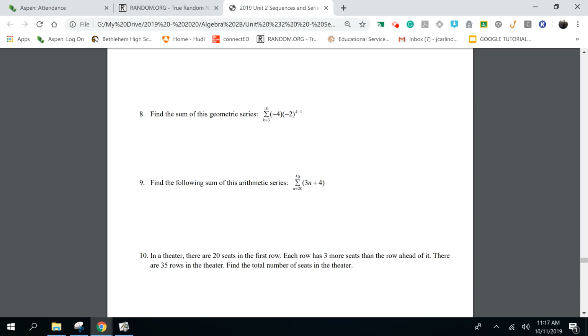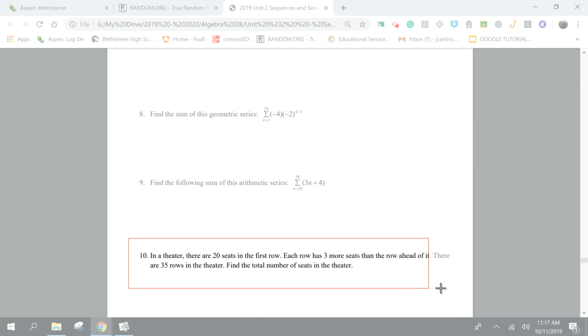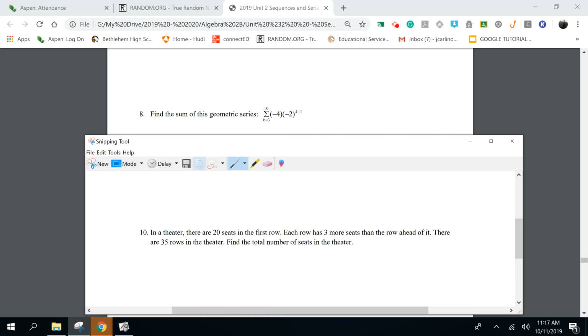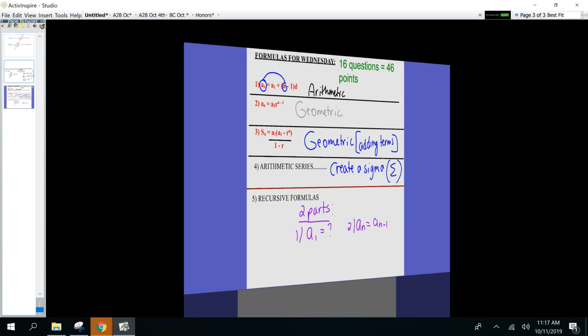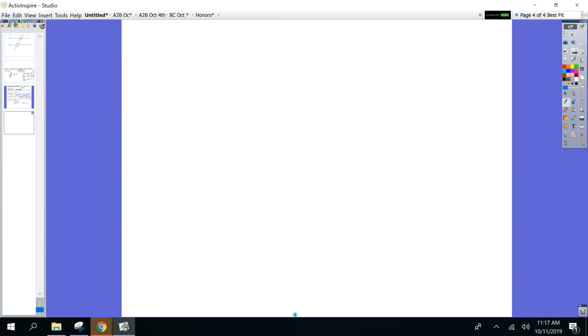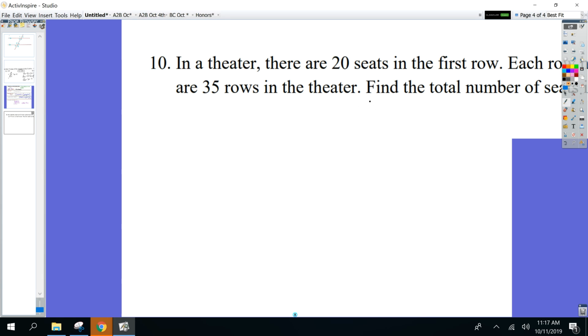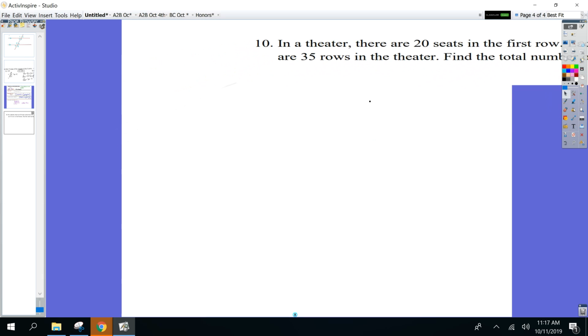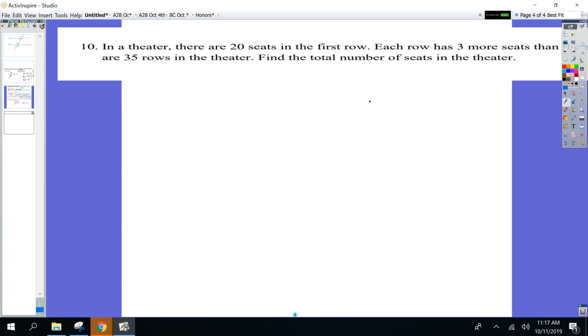Look familiar? Okay. 20 seats in the first row, 3 more in every other row, 35 rows in the theater.